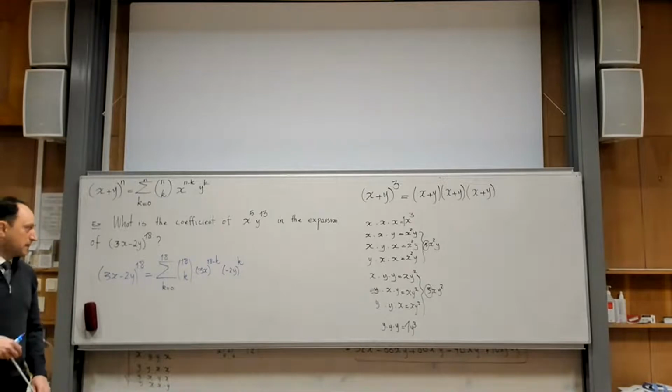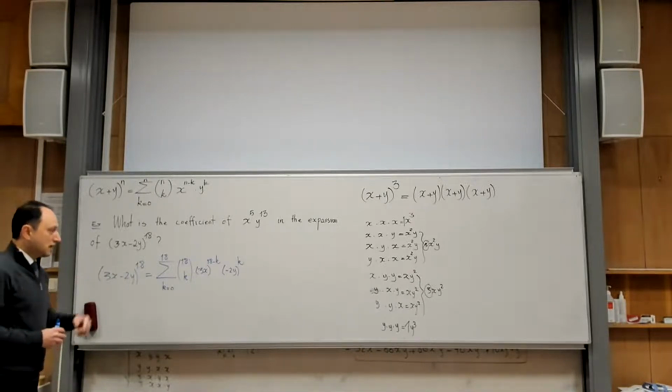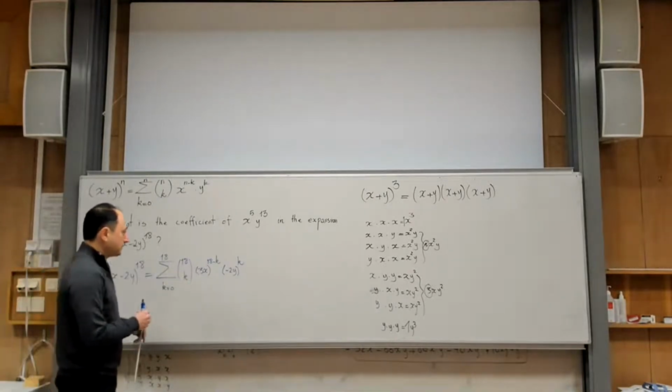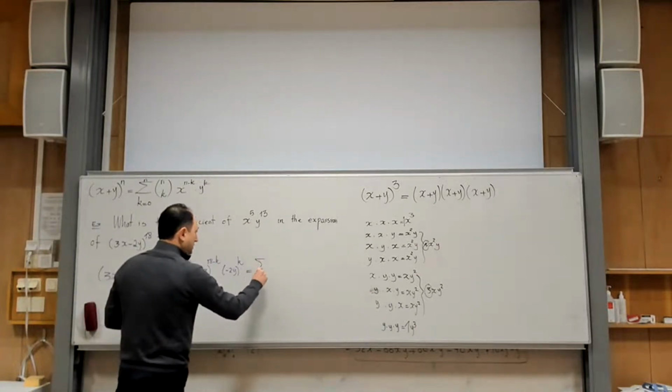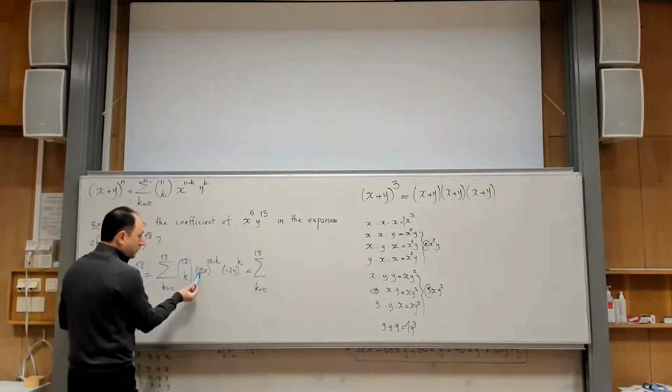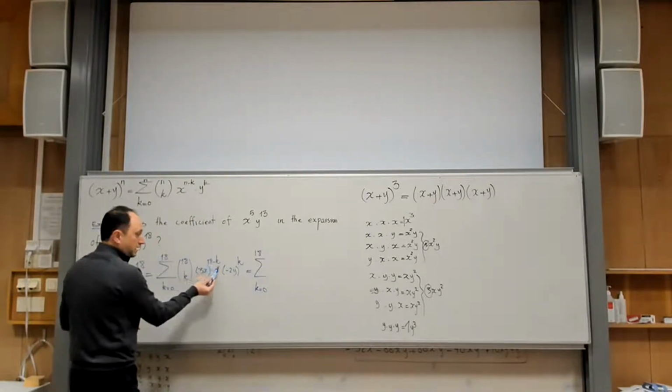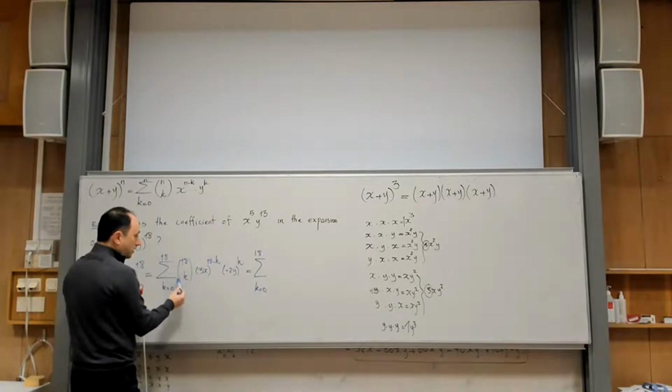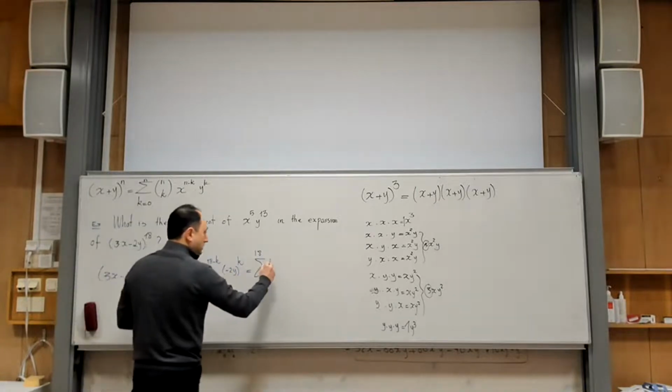So remember that. Then the next step is to do some simple calculations inside the sigma. The sigma goes from 0 to 18. You see that I will have 3 to this power and −2 to this power, and I also have this. Let me write them in one place.